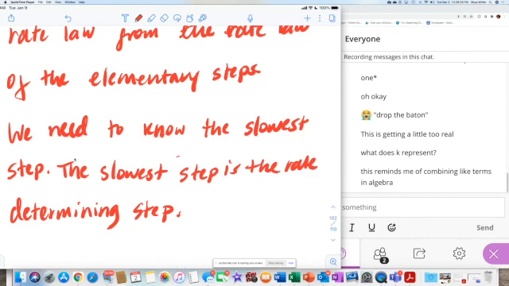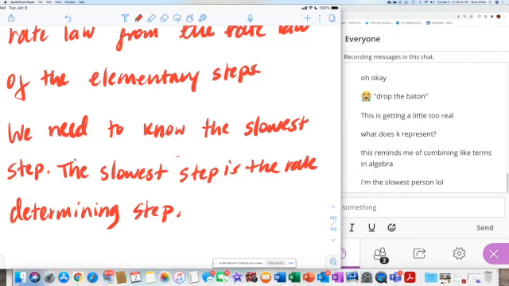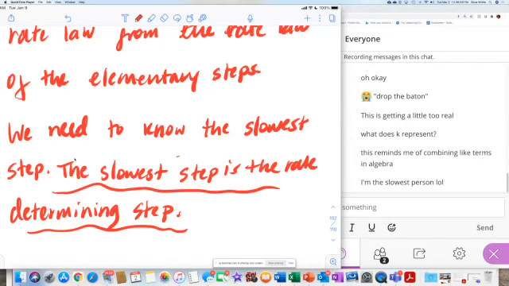It doesn't matter how fast the fastest step is, the overall rate of the reaction is determined by the slowest person. I don't know about y'all, but this hits me deep in my heart. The slowest person slows everybody down. That's what they're saying here. The slowest step slash person is the rate determining step. What about the fast person though? No, the slowest step is the rate determining step.